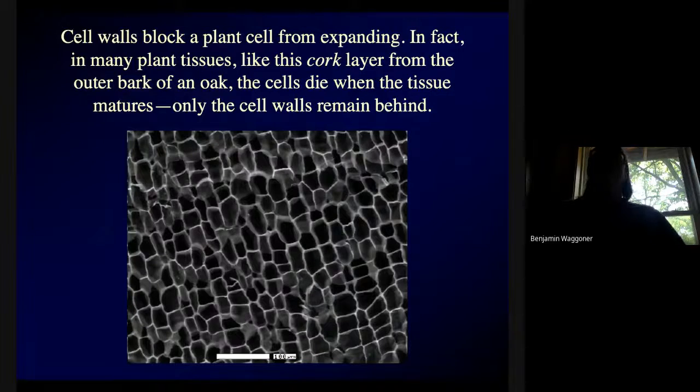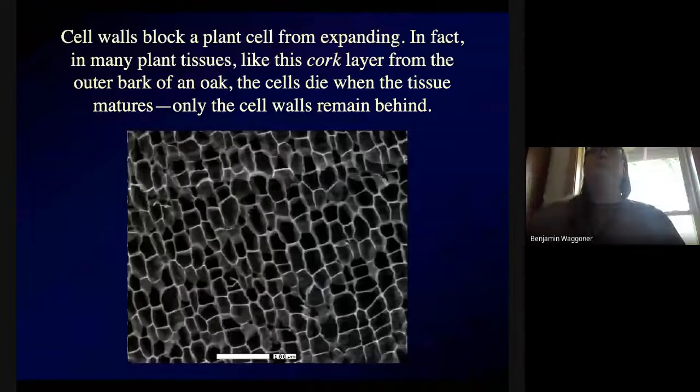And I mentioned that in many plant tissues, the cell dies when it's functional. This happens to be cork, taken through a gizmo called a scanning electron microscope. We've actually got one at UCA. Could teach you how to use it one of these days.